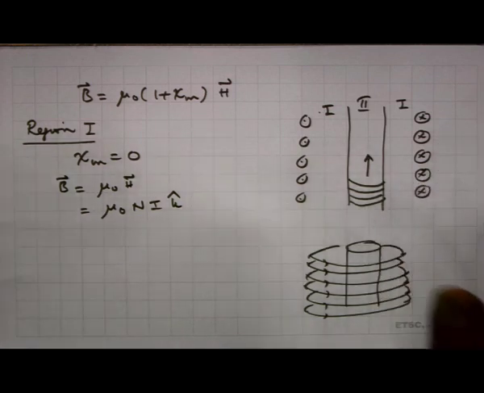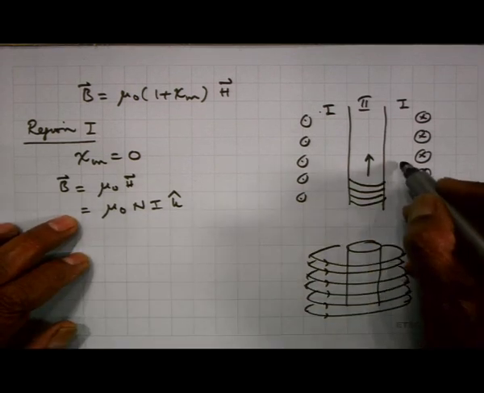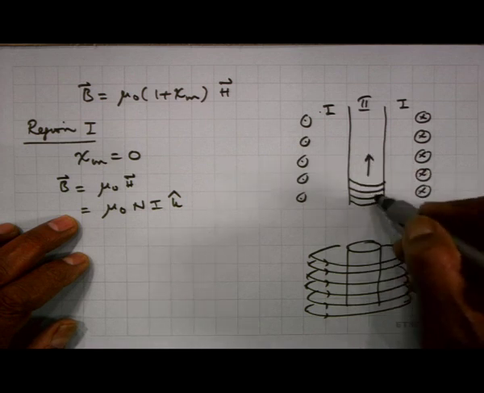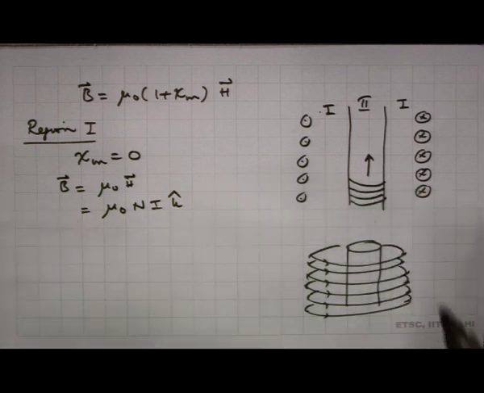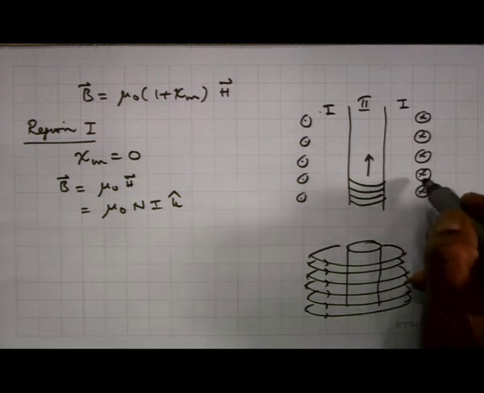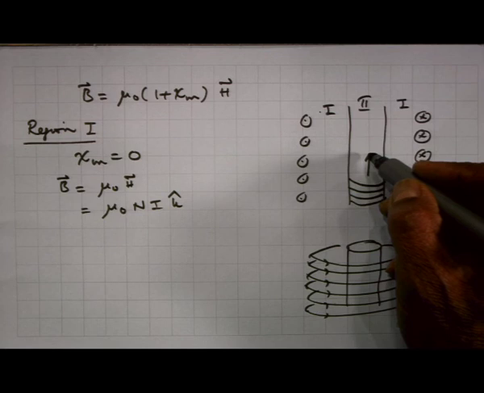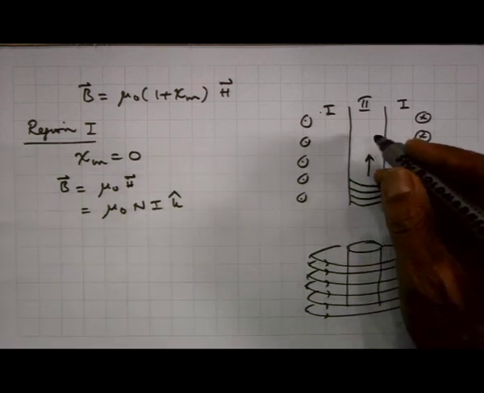Let me give you the argument again. How is it that the magnetic field in this region, region 1, happens to be the same as the magnetic field in the absence of the material? This is so because of the following argument. When I pass a current through the solenoid, that current magnetizes the material. That magnetization of the material is along the z axis.